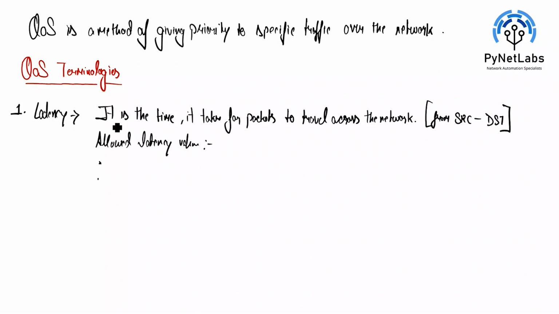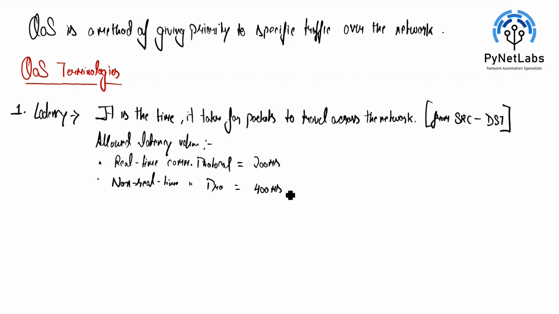We have real-time communication protocols and non-real-time communication protocols. The real-time protocols have around 200 milliseconds, and here we have 400 milliseconds. These are the allowed latency values.